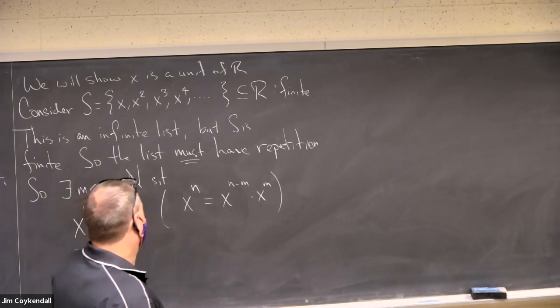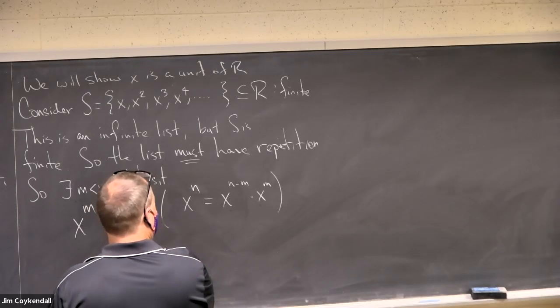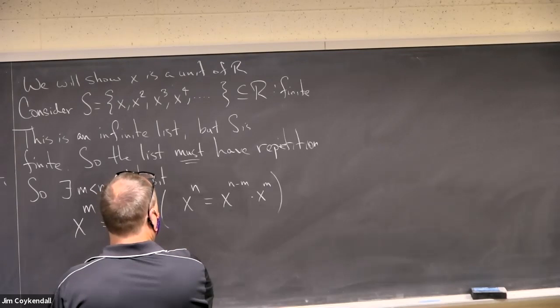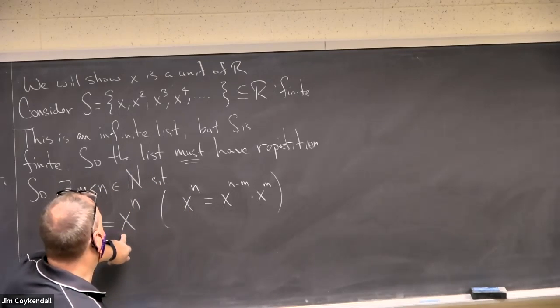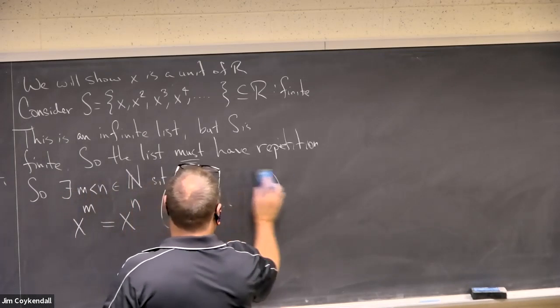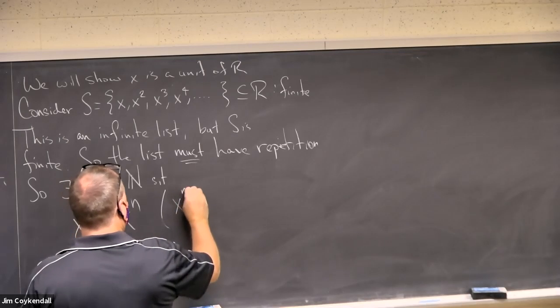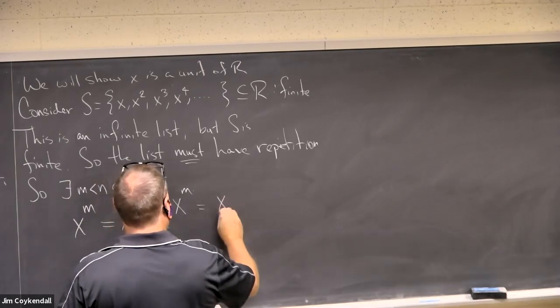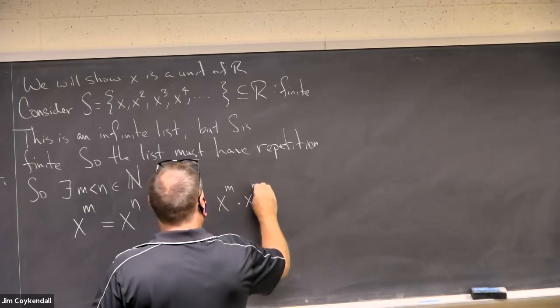And so I'm tempted. What I'm doing is I take this x to the n and pull this out. So let me rewrite this here. This is x to the n. This is x to the n. x to the n minus m.